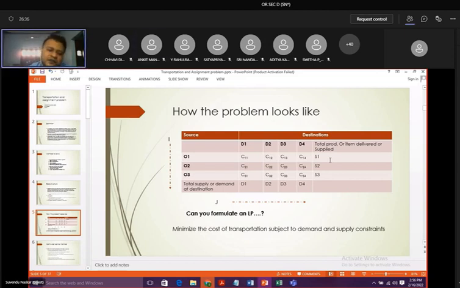Just Cij is not the total cost. Cij is the unit cost of transportation. So you'll have to basically, C11, C12, these are parameters of your equation.